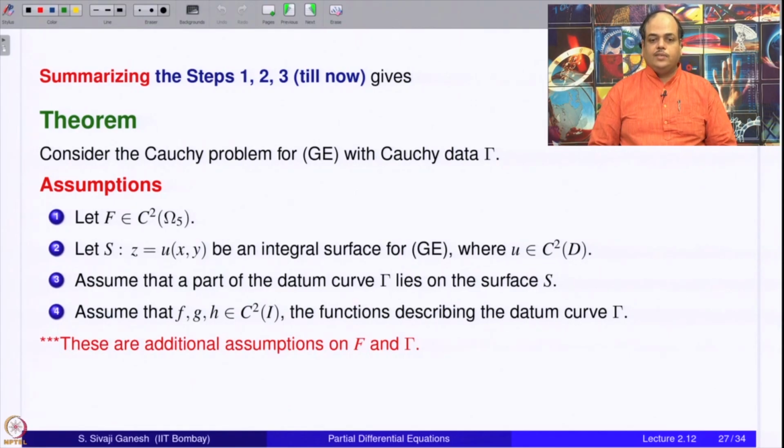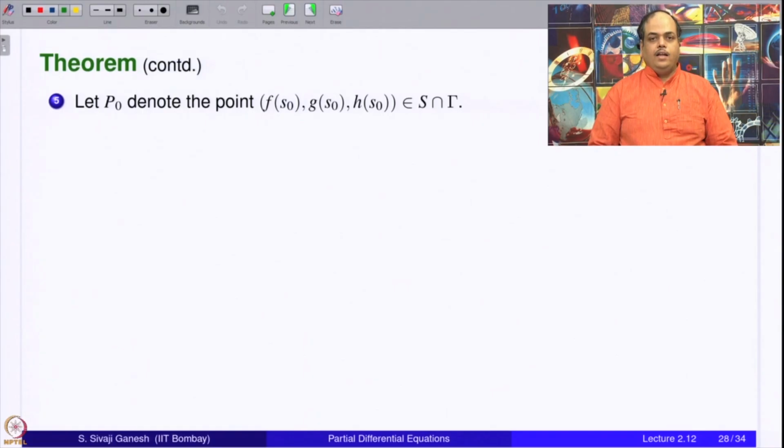Note these are additional assumptions on f and gamma. Standard assumptions on them still apply, namely Fp, Fq cannot simultaneously vanish and so on, and F prime, G prime also cannot vanish simultaneously. Now take a point which is on gamma as well as on S, that means a point on the integral surface which is also on the datum curve.